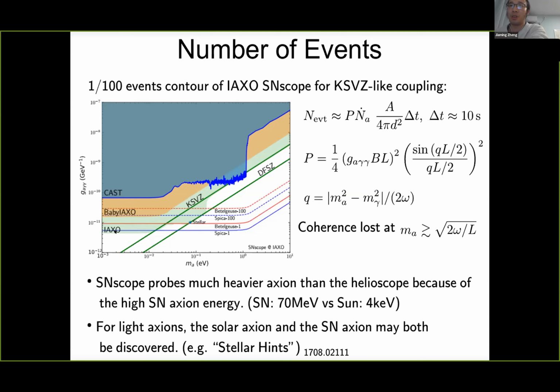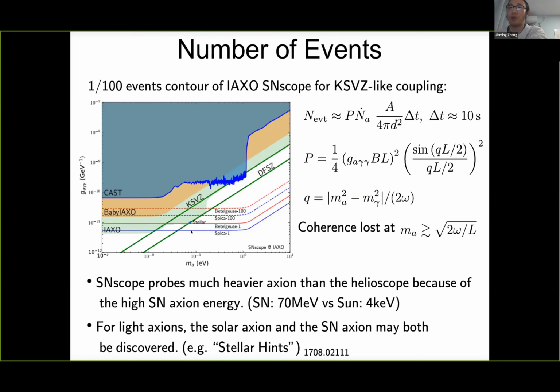The blue curve is shown for Spica, and the red curve is shown for Betelgeuse. These two candidates are chosen because Spica is the closest one to us, and Betelgeuse is the furthest one from us in the table. So this gives us a rough idea of the range of possible number of events in this case.